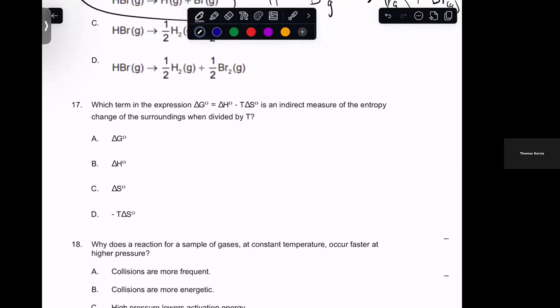Which term in the expression delta G is equal to delta H minus T delta S is an indirect measure of the change of the surroundings when divided by T?